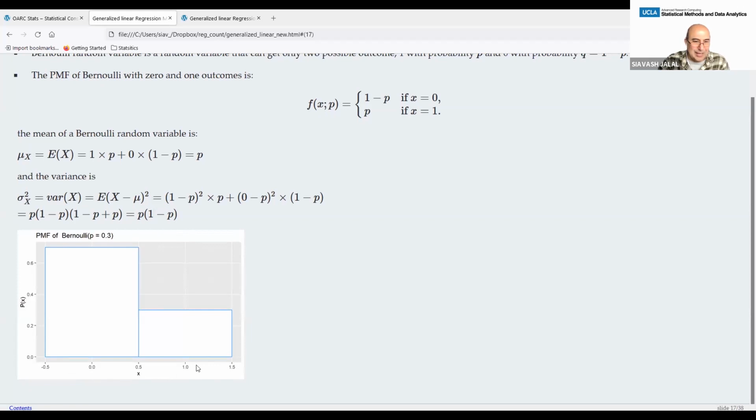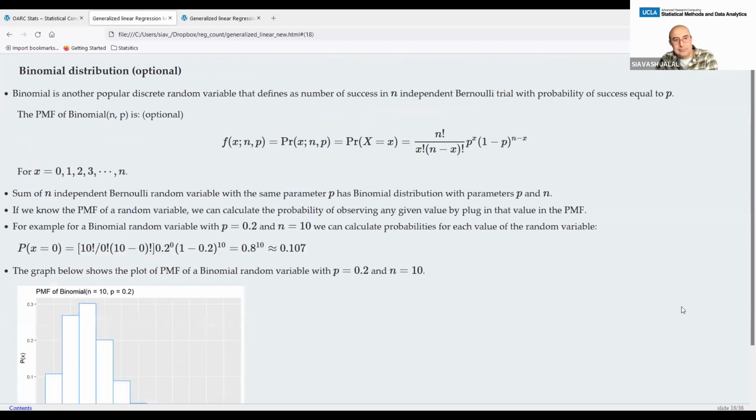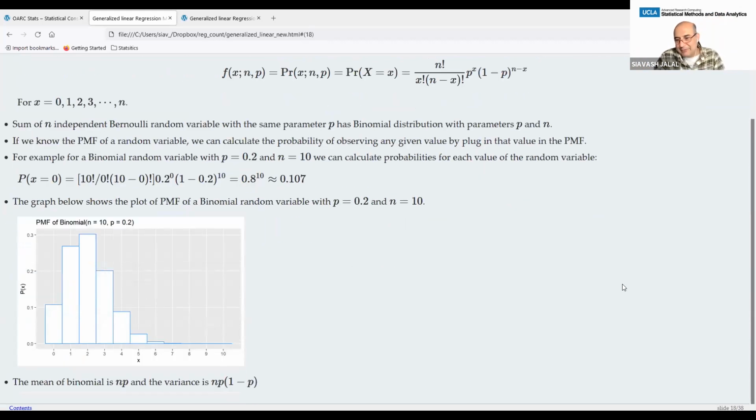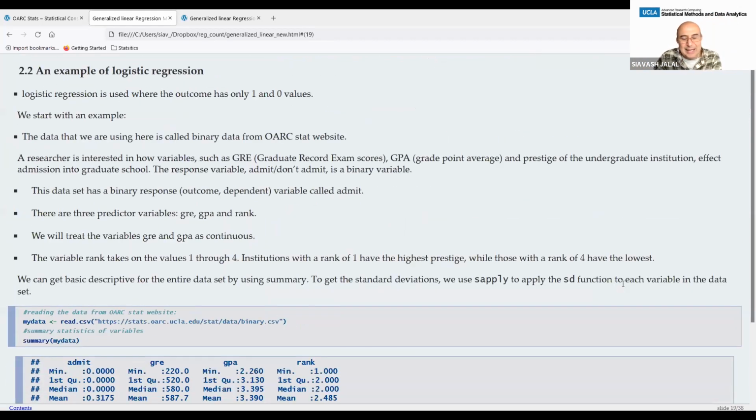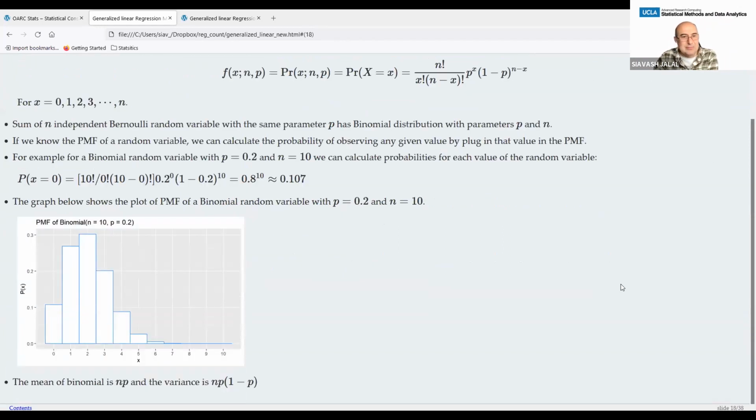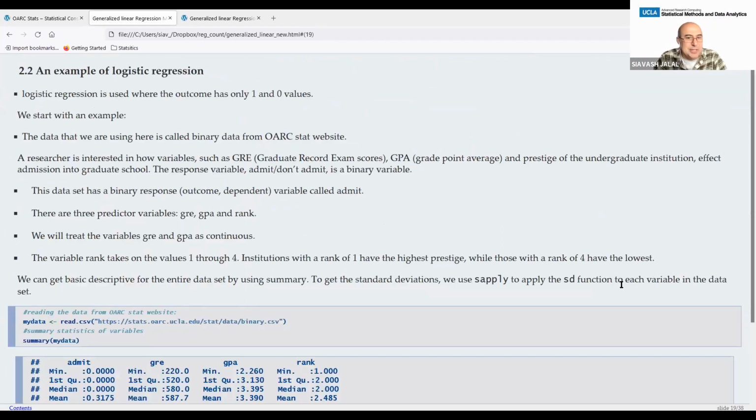It's just 0 and 1. This part is optional, so we don't really have time to go over it. It's just going over the binomial distribution, which is an extension of the Bernoulli trial.